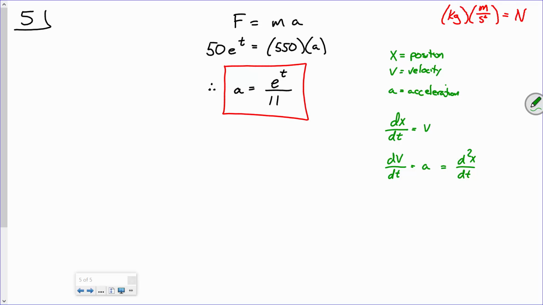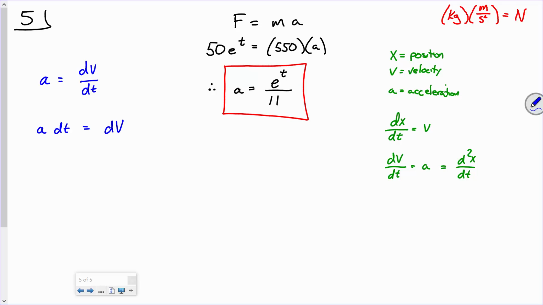We've been given A, right? So if I've got A, I'll do this over here on the left just because I want to keep this concise. If A is the derivative of velocity with respect to time, how do I determine what the velocity is? Well, would you agree that A dt is dv?